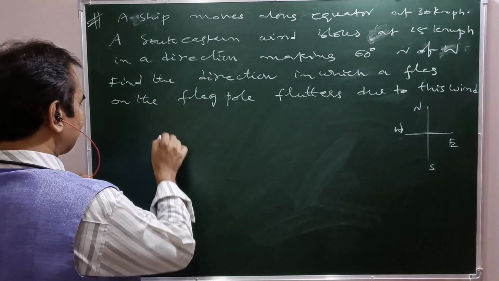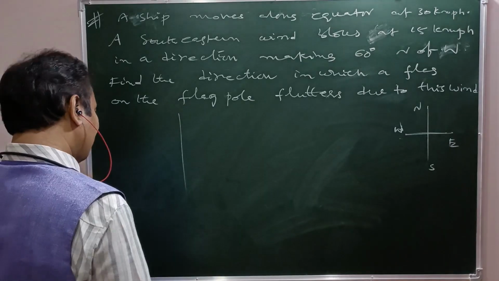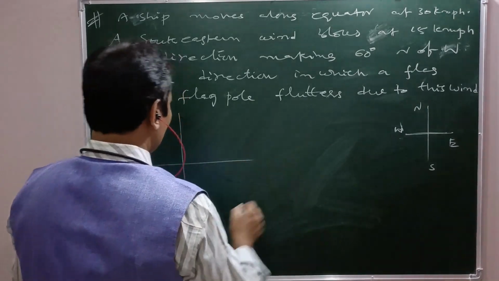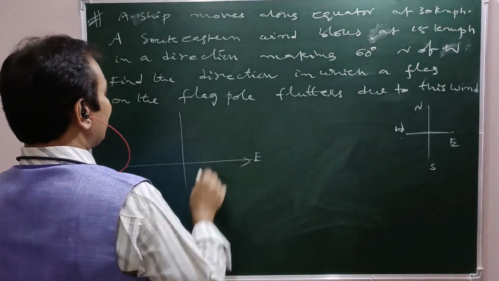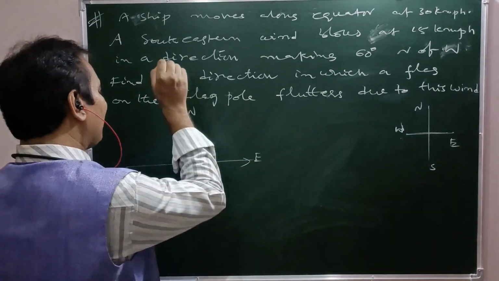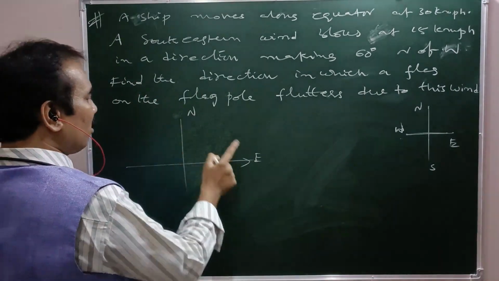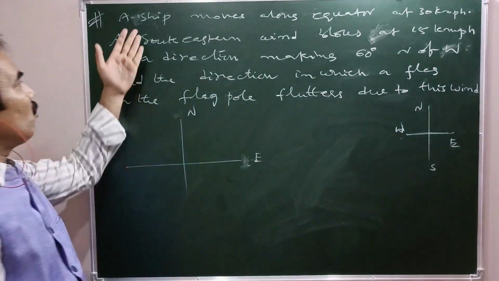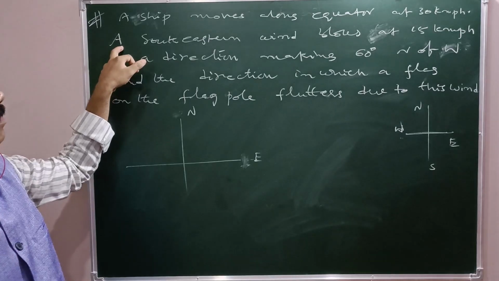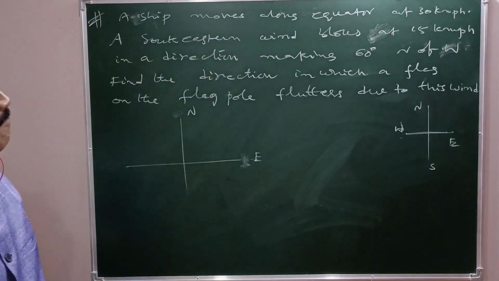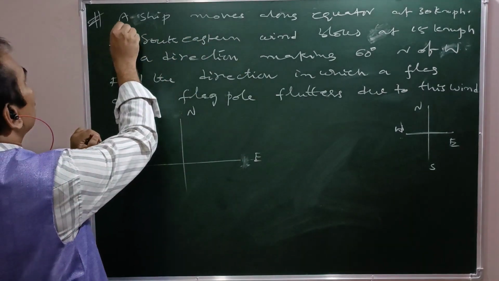Now see here. This is east, right? East direction. Here it is north direction. So north to east, right? Now the ship moves along the equator at 30 kmph, due east.